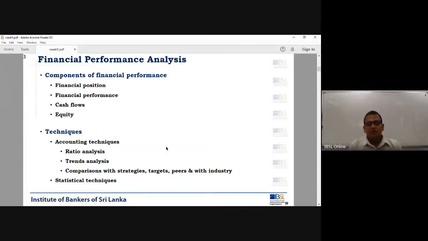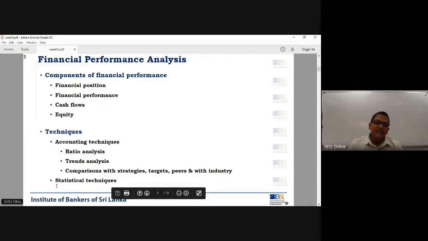Then we discussed different accounting techniques for the analysis: ratio analysis, trend analysis, and comparison with strategies, tactics and peers in the industry. Then I explained the statistical techniques, in which we calculate indices and other indicators.